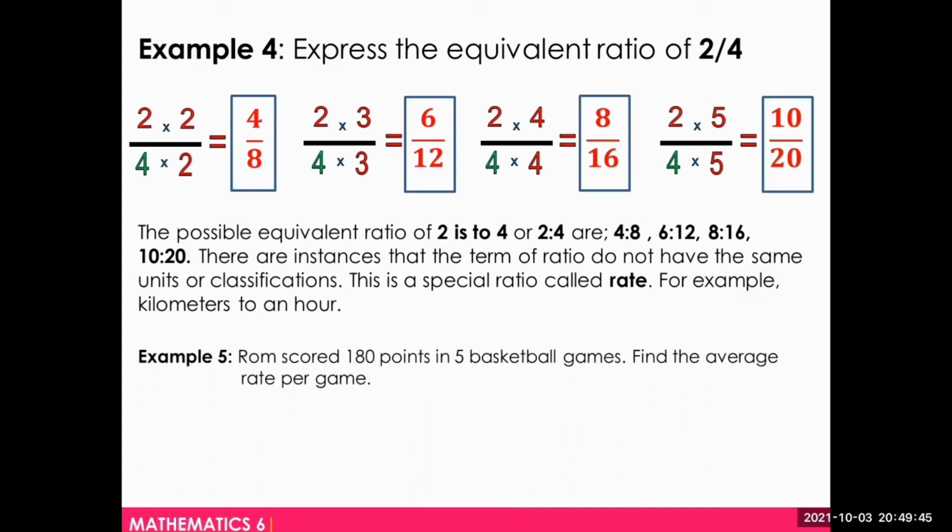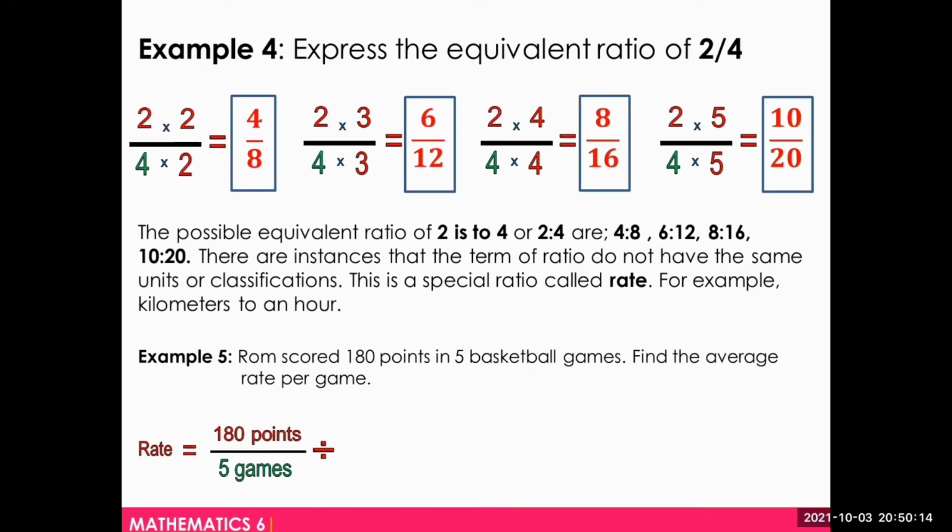Example number 5. Rom scored 180 points in 5 basketball games. Find the average rate per game. Sulat natin, rate equals 180 points over 5 games. 180:5.